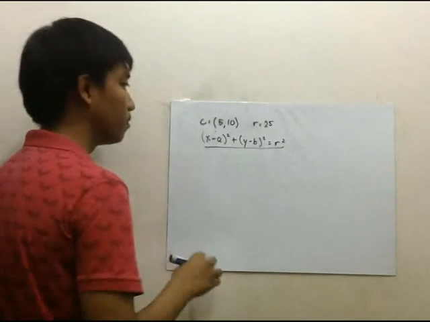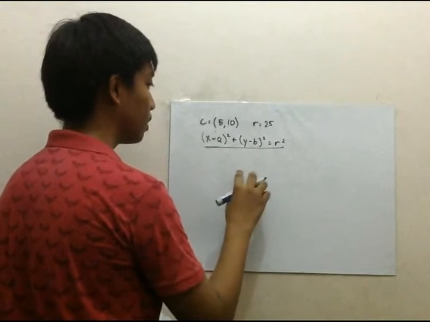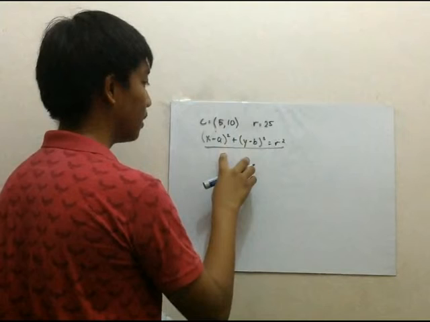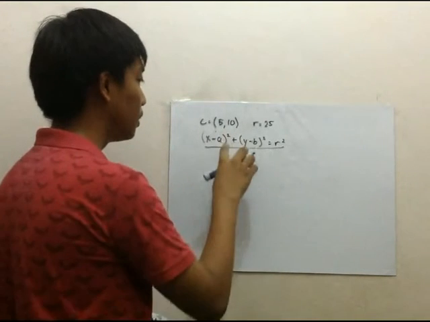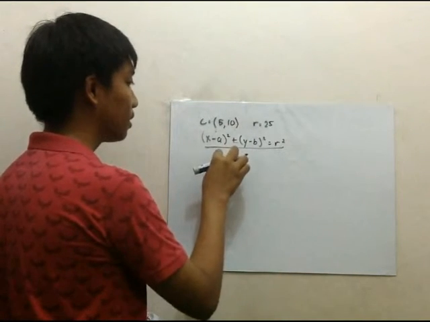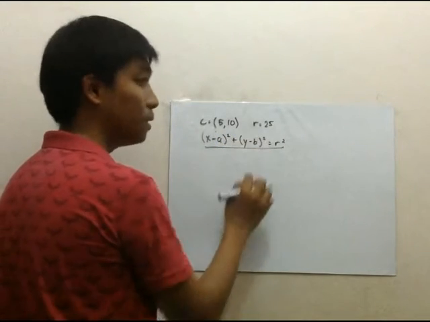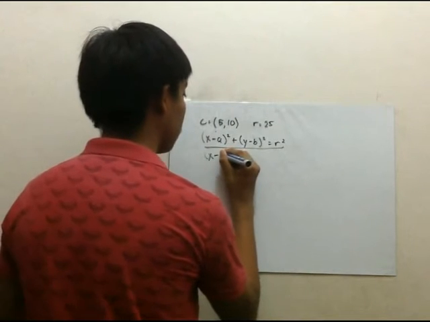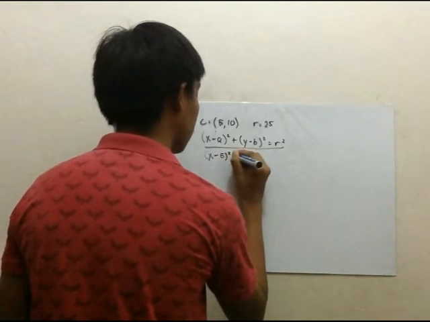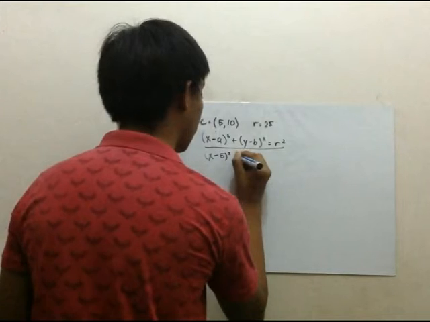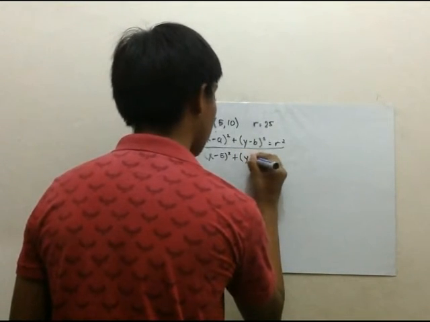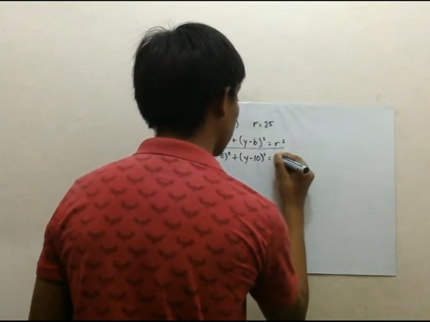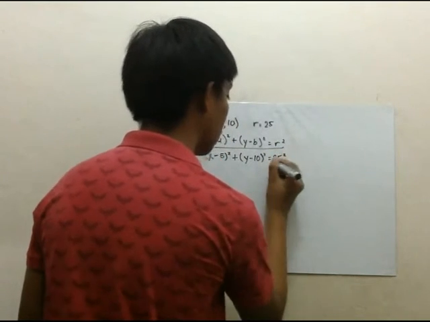So let's solve this by substituting the 5 as a, and 10 as b. Quantity x minus 5 squared plus quantity y minus 10 squared is equals to 25 squared.